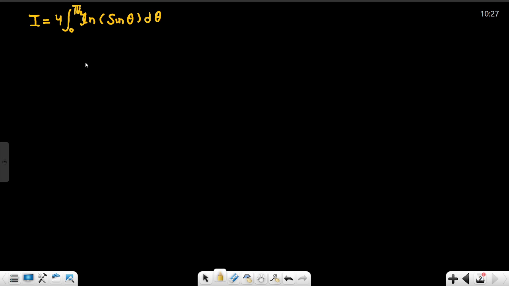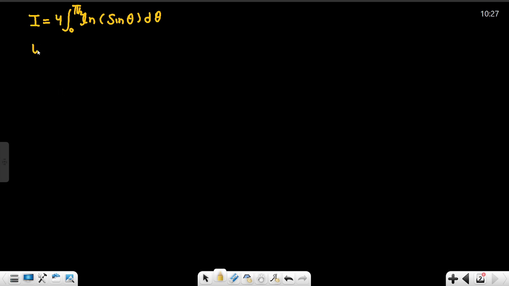So how to solve this integral from 0 to pi by 2 of ln sine theta d theta? What about the idea? Yeah, we can use the Fourier series here.